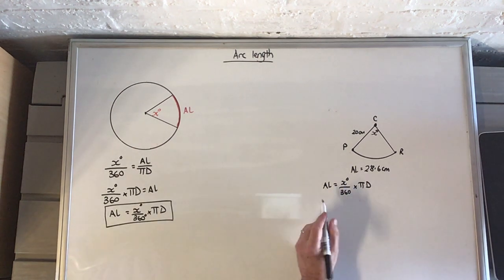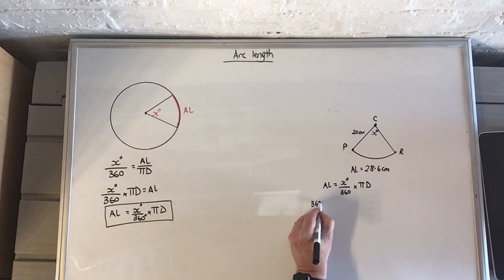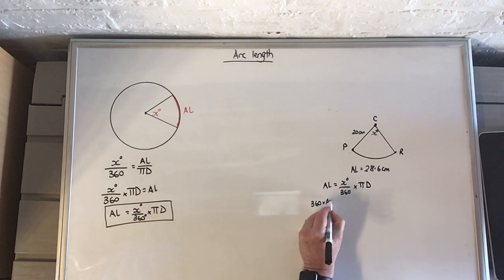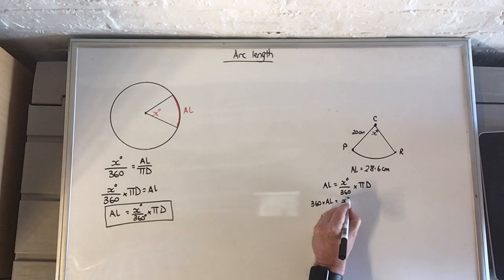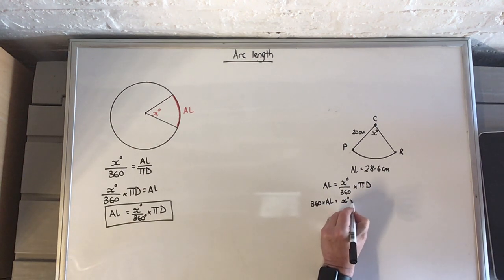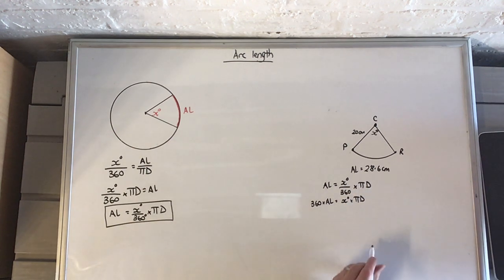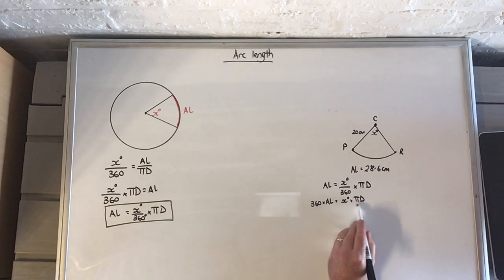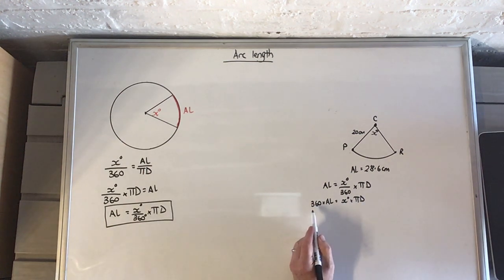If I multiply through by 360, I get 360 times AL is equal to angle at the centre times pi d. Now I don't want pi d here, so I'm timesing through x times pi d. So to get rid of timesing by pi d, we divide by pi d.